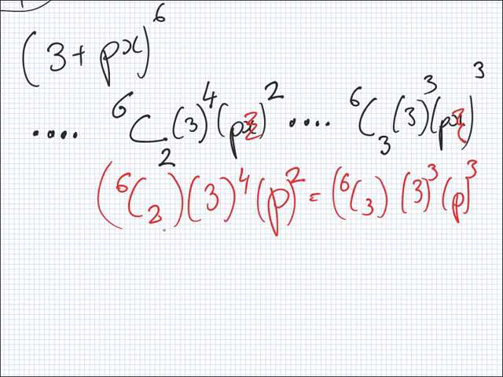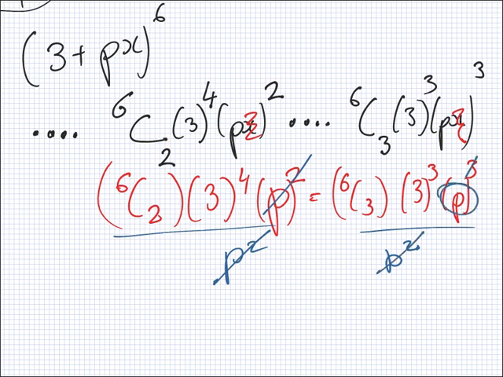Yes. So what I'll do is I'll divide both sides by p squared. That cancels that. And p cubed over p squared? So just p here. What else can I divide by? 3 cubed. I put a 3 cubed on both sides now. 3 cubed and 3 cubed? Cancelled. 3 power 4 over 3 cubed? Just 3. So that and that is gone.